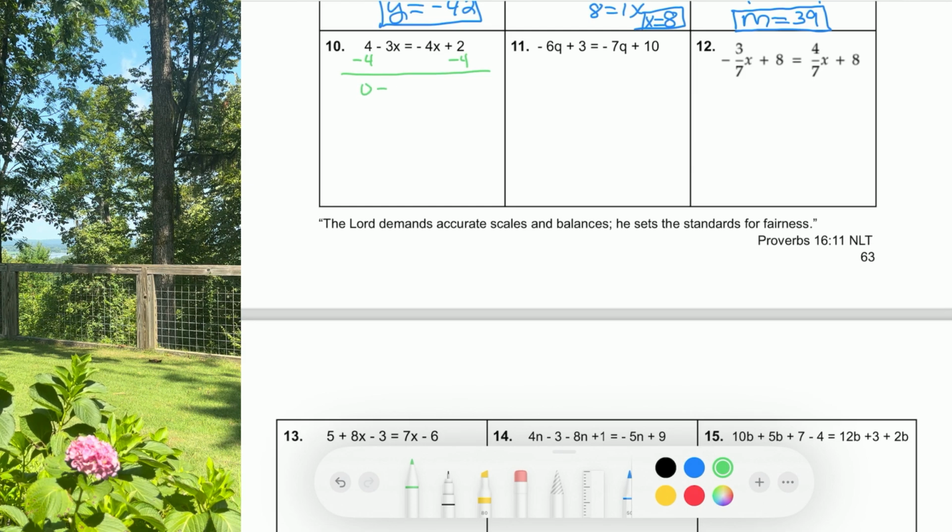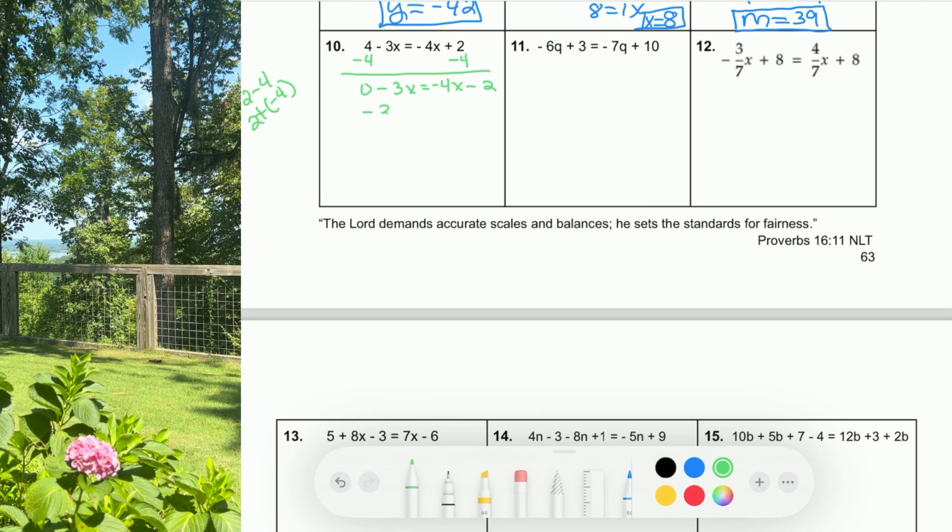That gives me 0 minus 3x equals negative 4x minus 2. Think of that one as 2 minus 4 becomes 2 plus negative 4. We take the difference and keep the sign of the larger. That's how I knew that was a negative 2.